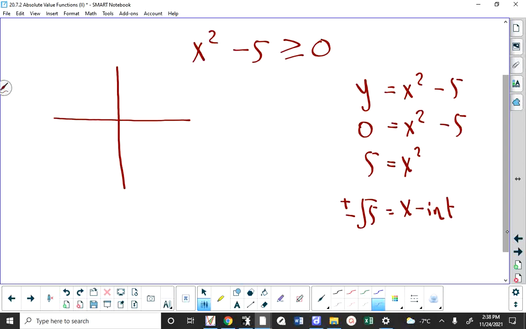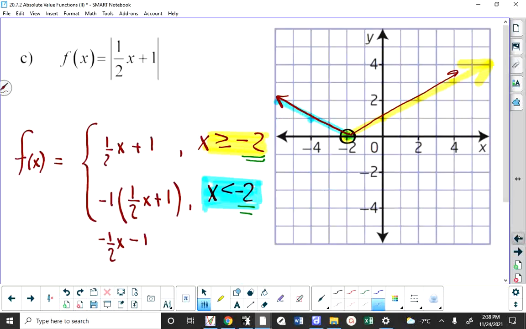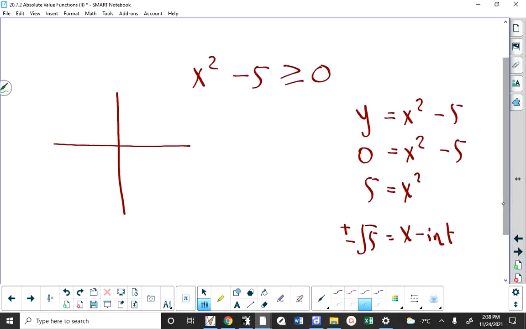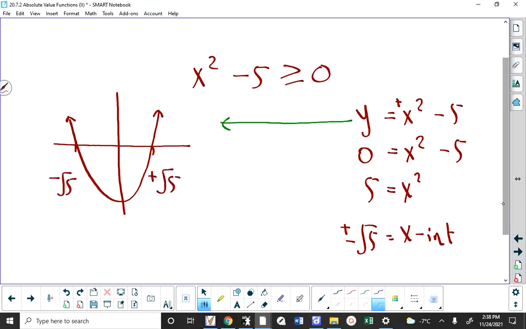I hope you recall when I said this number, and I underlined it in green, is always the x-intercept. So we're looking at x-intercepts. So what does this graph look like? Not this inequality, but this graph. What it looks like is a parabola that opens up because it's positive x squared, passing through negative root 5 and positive root 5 on the x-axis.